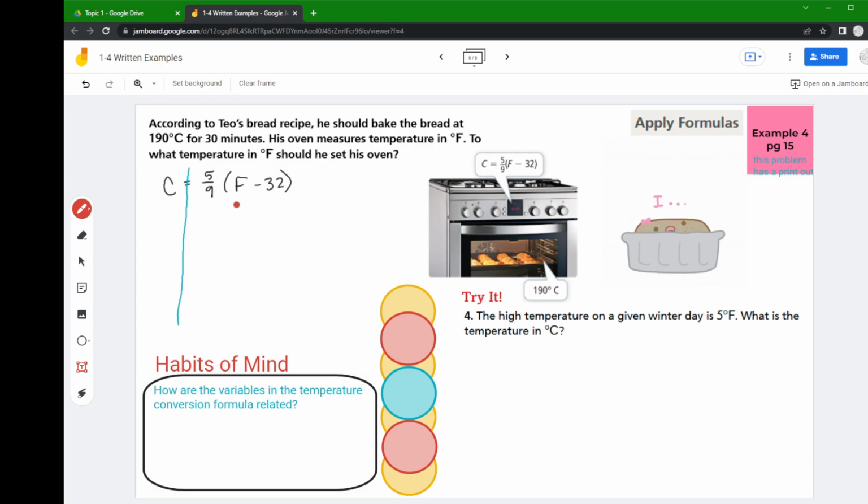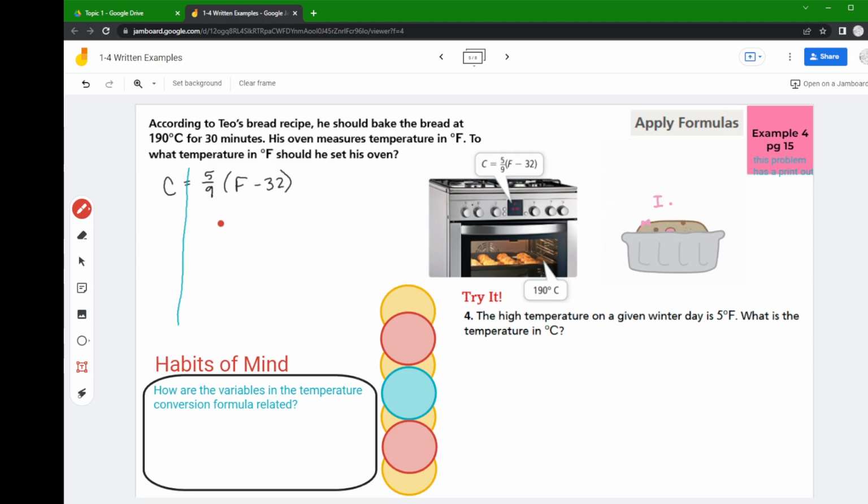Instead, I'm going to divide by 5/9. Now remember, fractions are strange. You probably in middle school learned about copy dot flip or keep change flip. I don't know what else they teach in middle school these days, but when you have a fraction, the way that you remove it, the inverse operation, is to multiply by what's called the reciprocal.